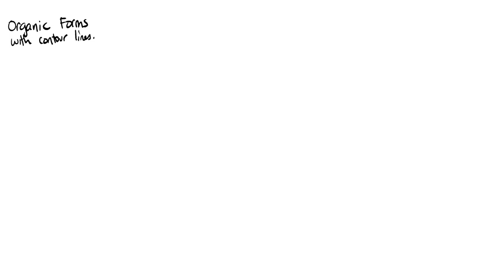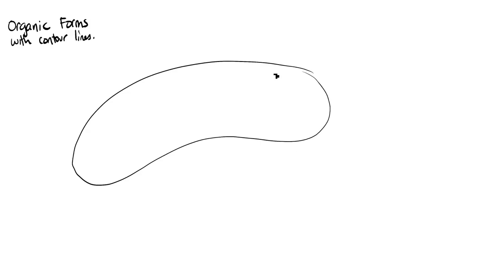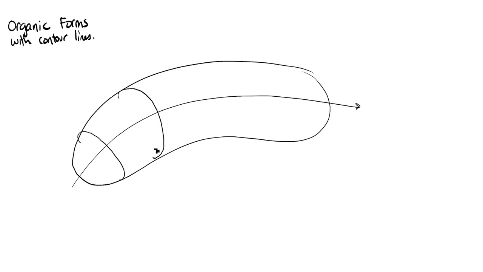By doing so, it helps us to understand how that surface actually turns in 3D space. So if you had a sausage form like this, these curves help demonstrate how that surface is turning through 3D space.